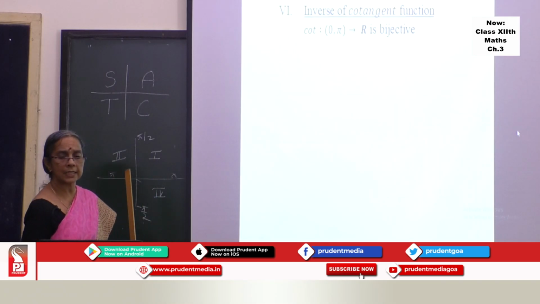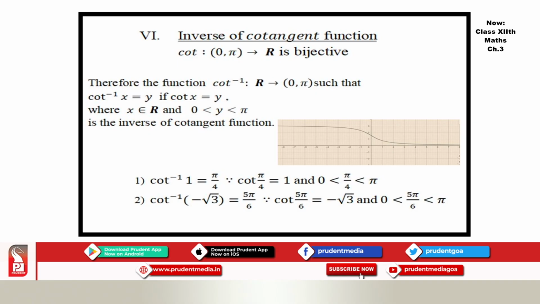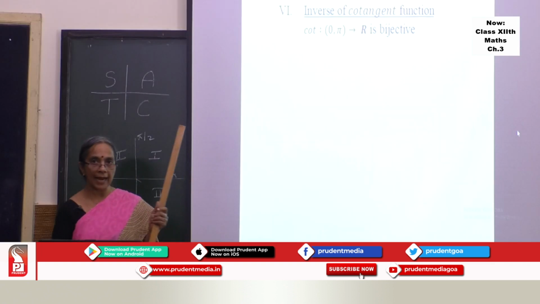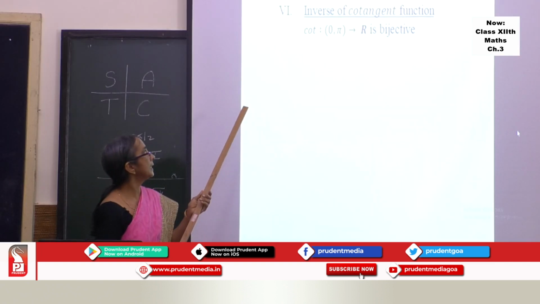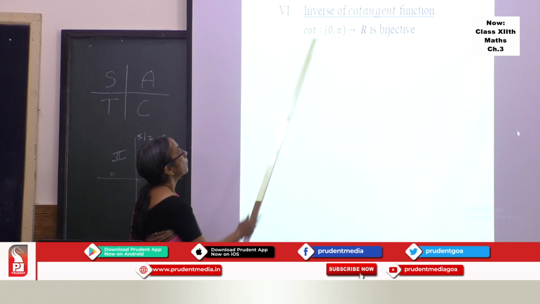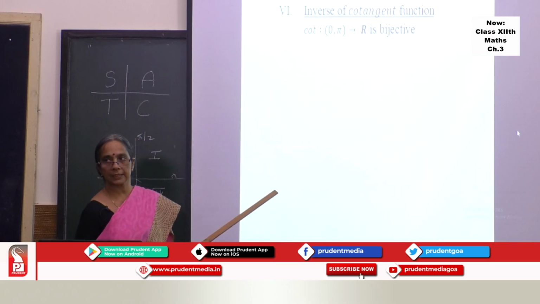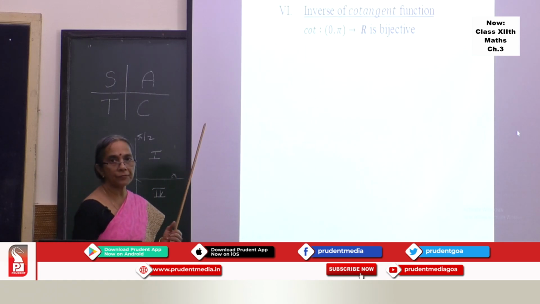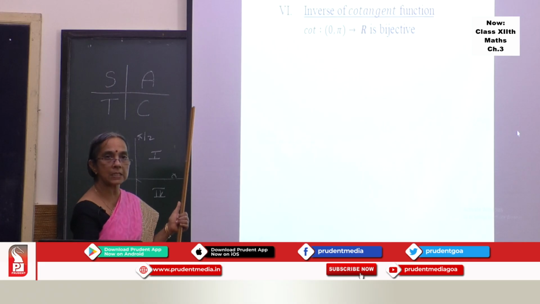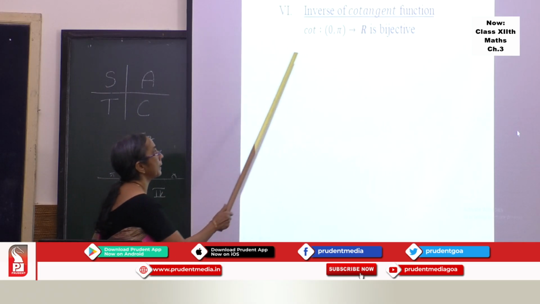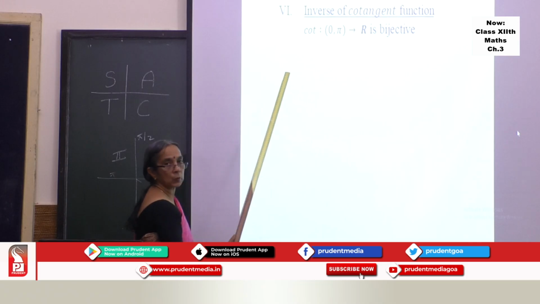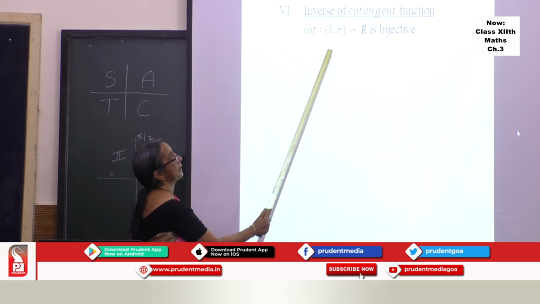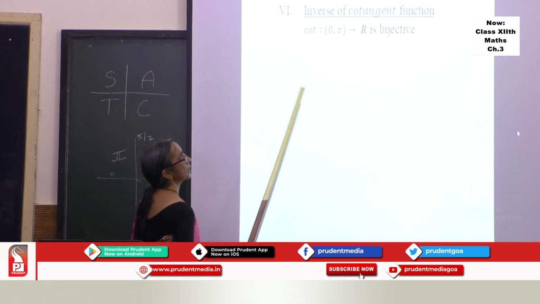Now, let us see the next inverse function, the inverse of the cotangent function. Cot is the reciprocal of the tan function. But for the domain of the cot function we take the open interval 0 to pi. The tan function domain was the open interval minus pi by 2 to pi by 2. For cot it is the open interval 0 to pi, where 0 is not included and pi is not included.